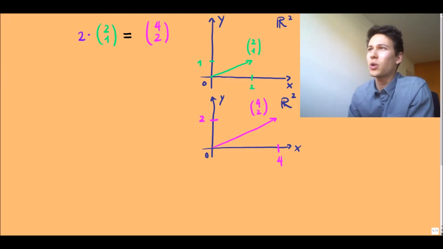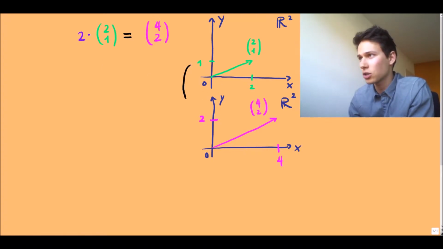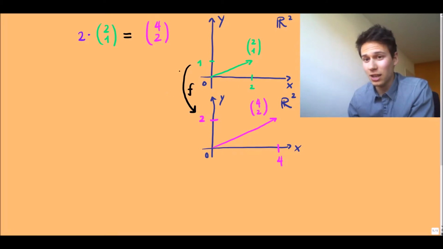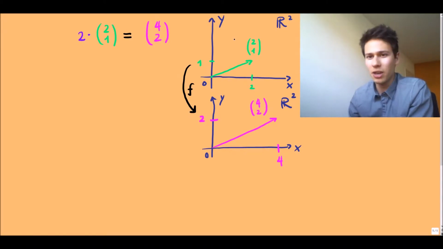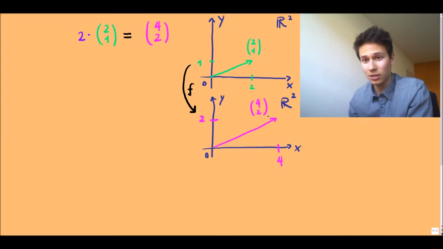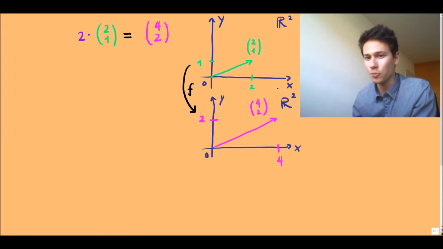So let's try and write down a function or a map or a transformation that takes each vector x, y up here and transforms it such that we get twice the vector, or basically we stretch it by the factor 2.